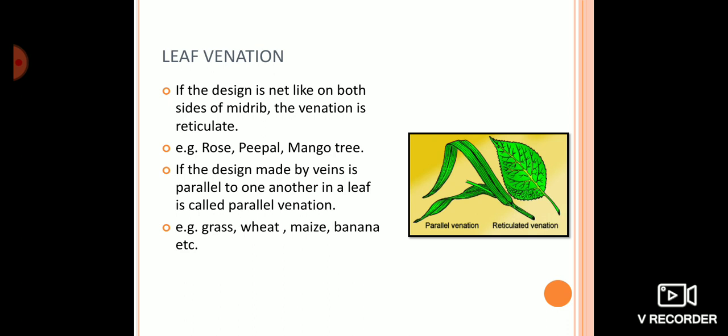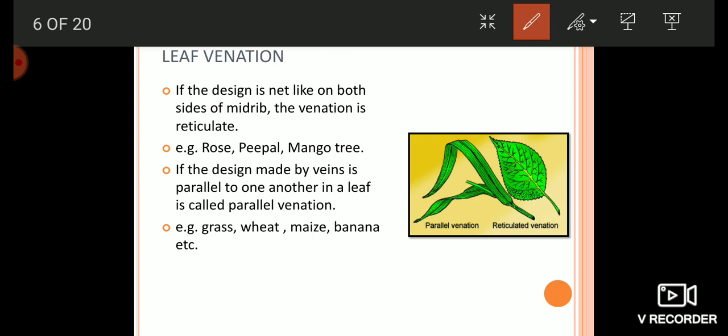Can you see in this picture? This is the reticulate type of venation. The design forms a net-like structure. As you see here, this is the leaf and the veins form a net-like structure.